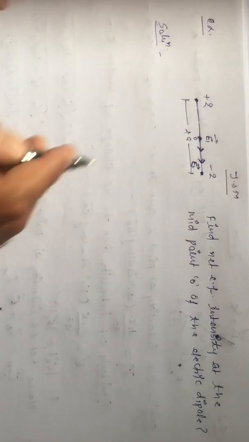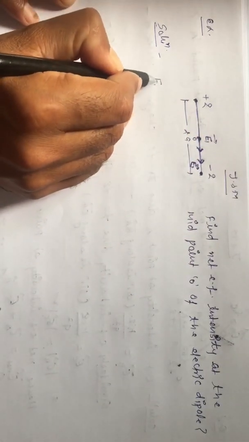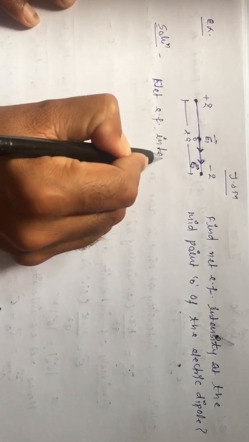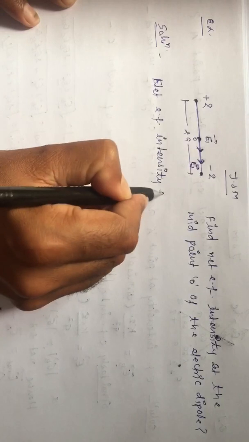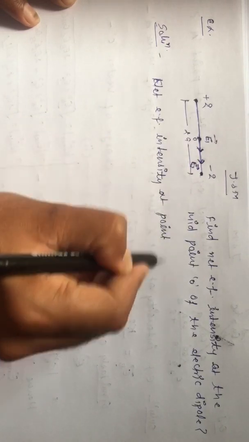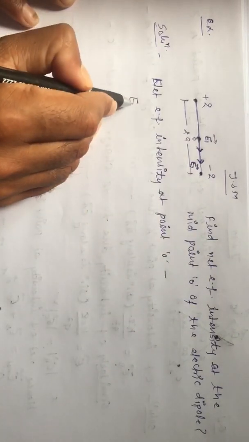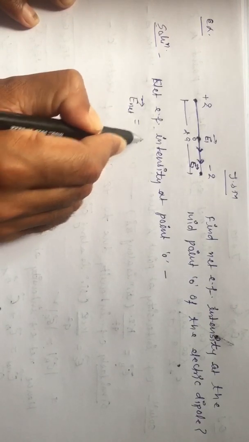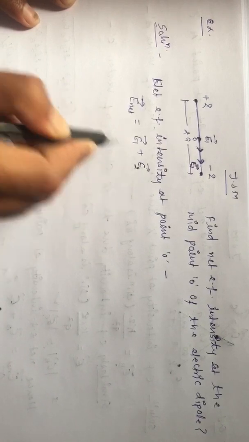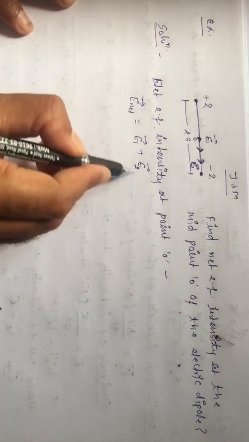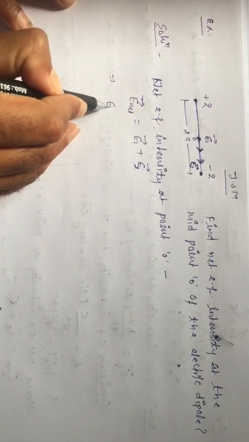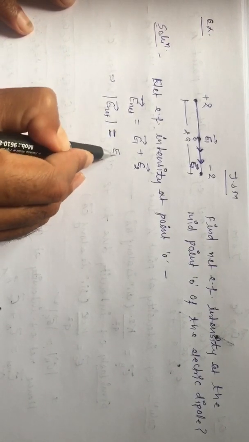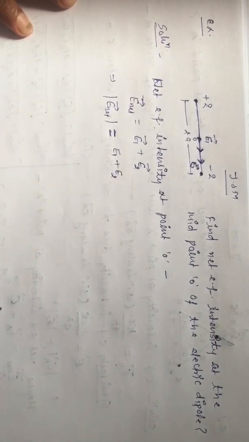So the net electric field intensity at point O equals the vector sum of E1 plus E2. Since both are in the same direction, the magnitude is directly the sum of E1 plus E2.